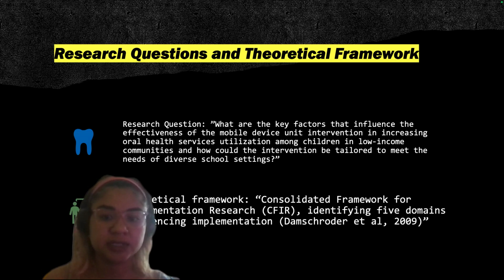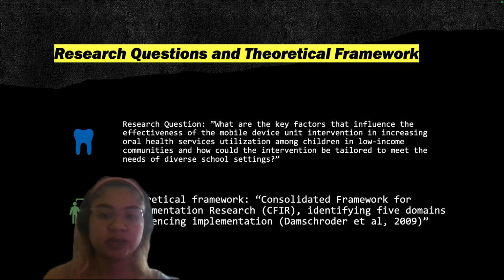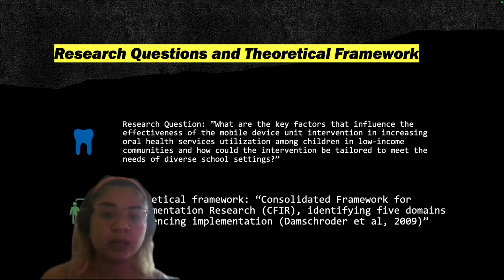Three, inner setting, understanding the internal factors that may be influencing the intervention's effectiveness. So the school policy, staff buy-in, and additional resources. Four, characteristics of individuals, examining the characteristics of the individuals involved in the intervention, the parents, school staff, the dental hygienist from the program.